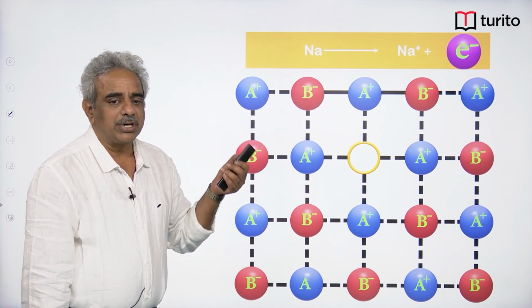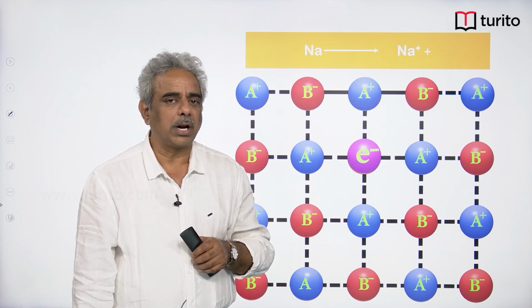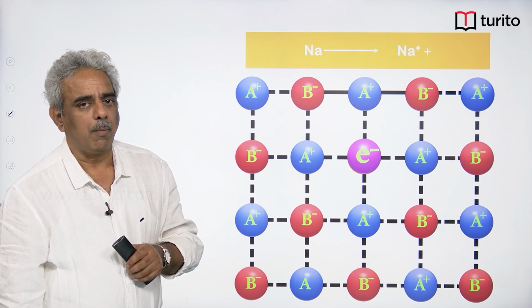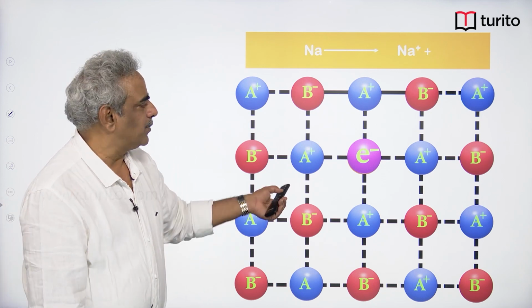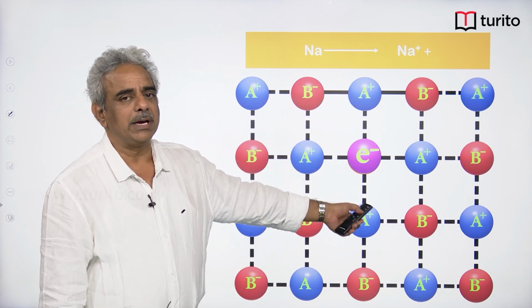Instead of an anion, the electron is trapped between 4 cations, as you see in this 2D lattice. In this metal excess, A plus ions are more, and in the place of B minus an electron is there.